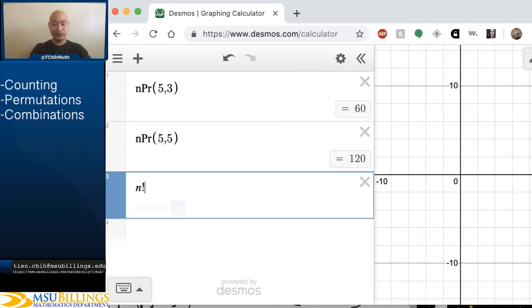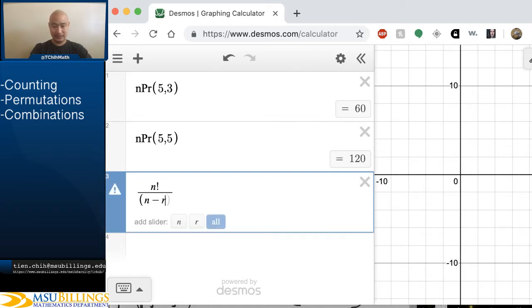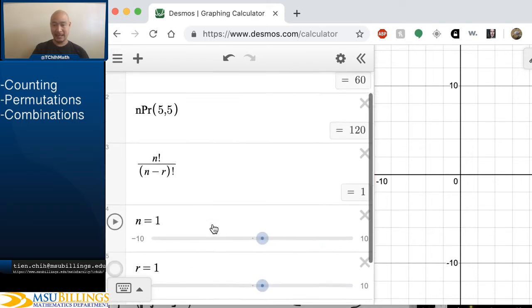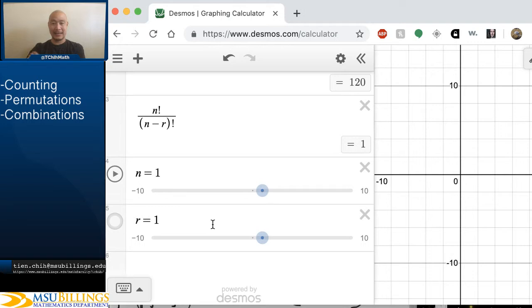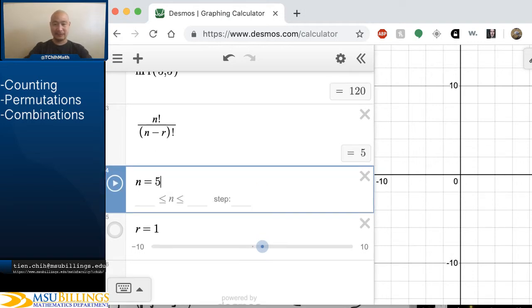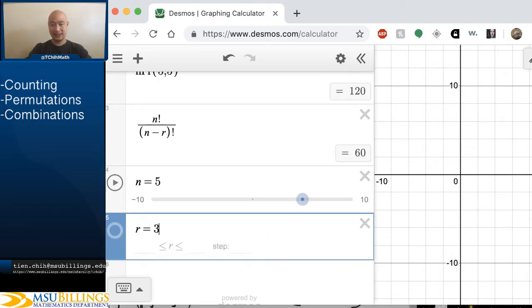But I should also note that we had this formula for n and r. So if I said n was 5 and r was 3, then that gives us 60, like we said. 1 gives us 5, 2 gives us 20, 3 gives us 60, 4 gives us 120, 5 also gives us 120, right?